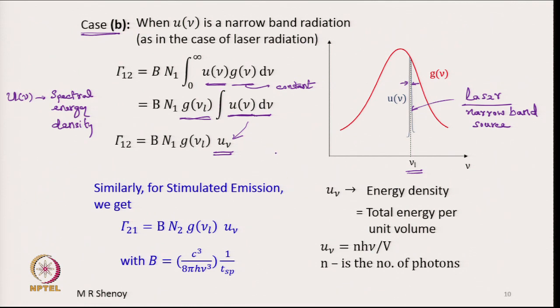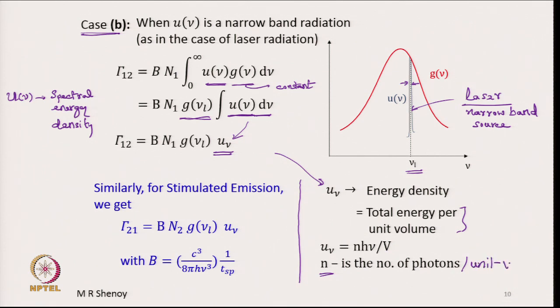So, it is shown here again, u is the energy density, which means total energy per unit volume. If n is the number of photons in the medium, then u is equal to n into h nu by V, number of photons per unit volume times the energy of one photon, h nu. One second, let me erase that.